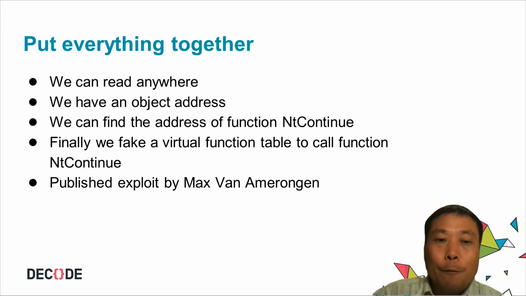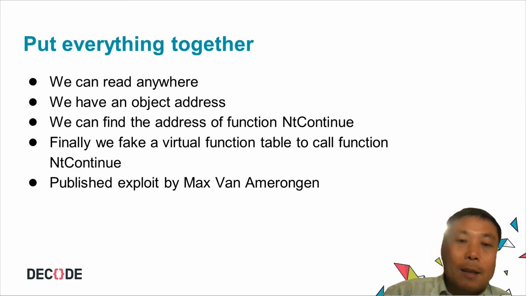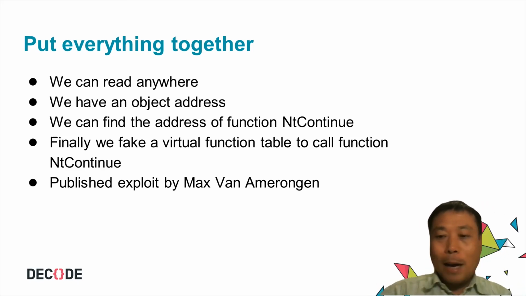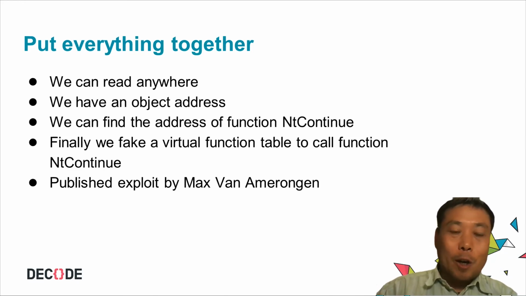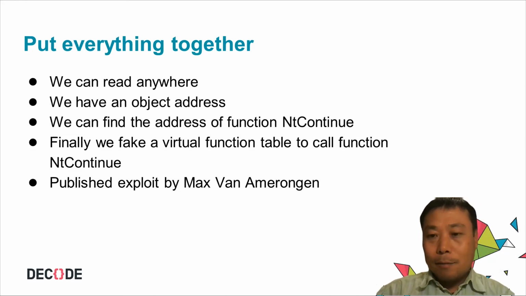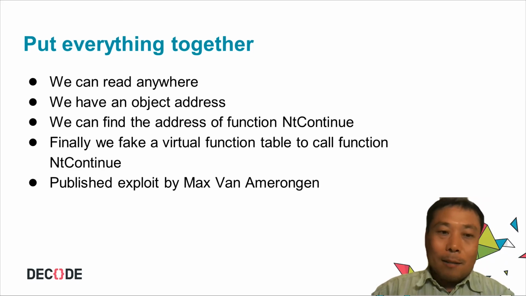And then finally, we fix a virtual function table and make a function call on it. From there, we jump to NtContinue with our controlled parameters. And finally, we get our shellcode executed, and it's done.